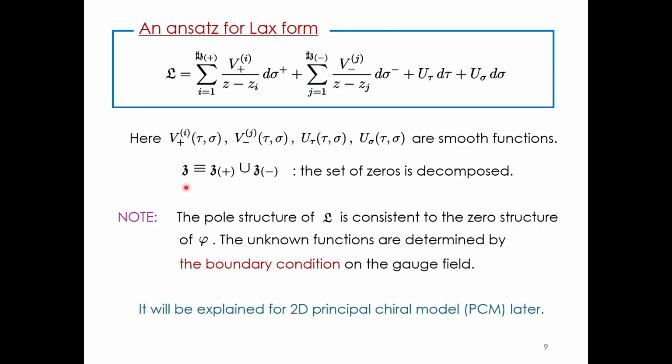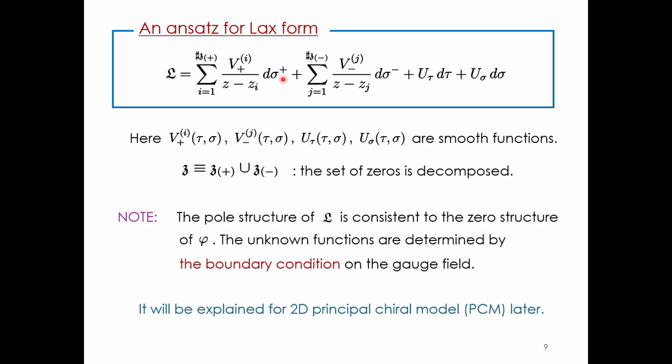So this G is a set of zeros of the meromorphic function. This G is separated into 2 parts somehow, so it depends on our choice. Then the zeros are assigned to σ+ and σ- directions, like this.